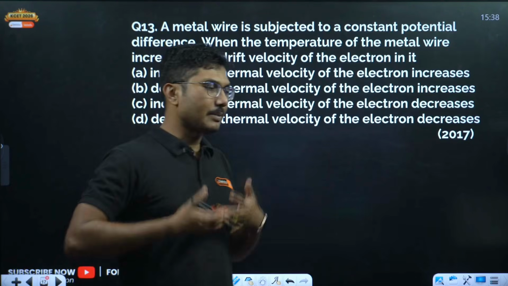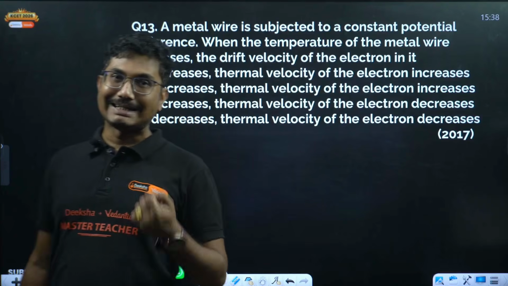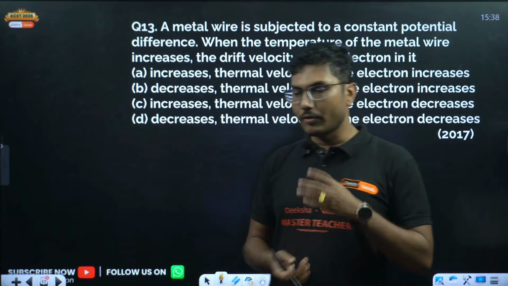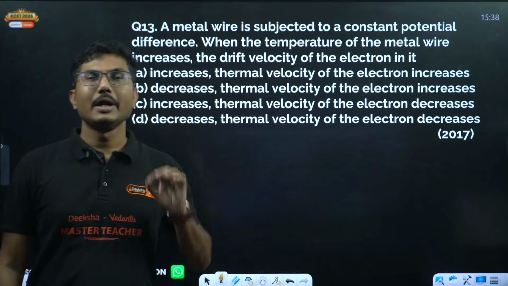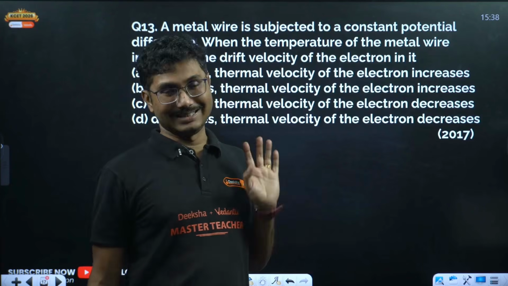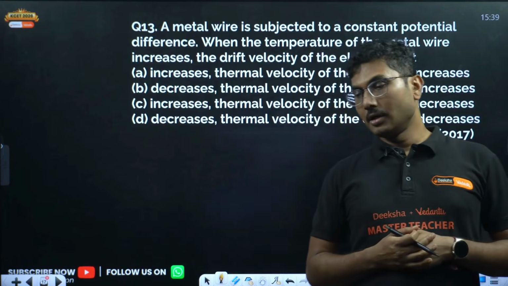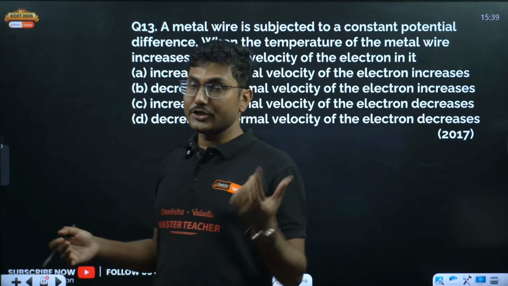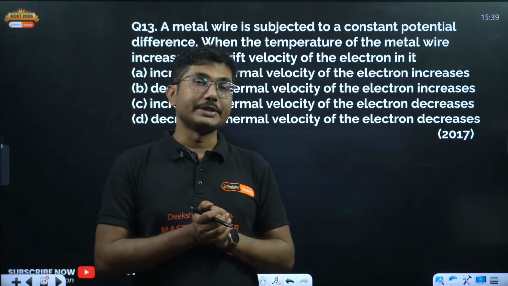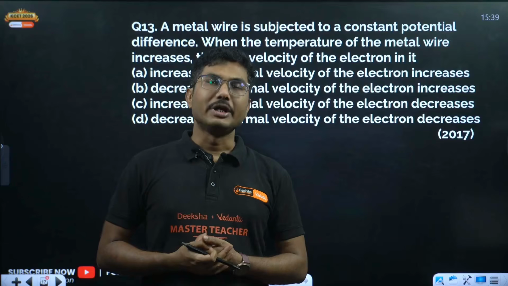If you increase the temperature, the electrons will oscillate faster, so its thermal velocity will increase. Overall average in the entire conductor will not be affected, because the average of all the thermal velocities in a conductor is 0. But individually one electron's thermal velocity will definitely increase.